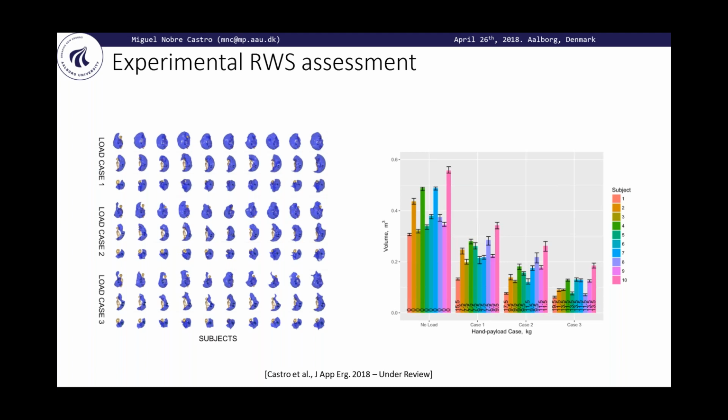As I said before, as the end payload increases, we also see a trend of decreasing volume, and that trend also varies across different subjects. Of course, they have different payloads in their hands, but this really gives us an insight into the dependency of the reachable workspace on strength, and we can probably take advantage of that for model validation.